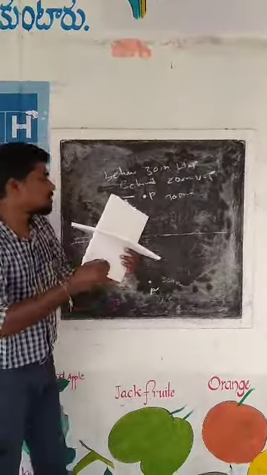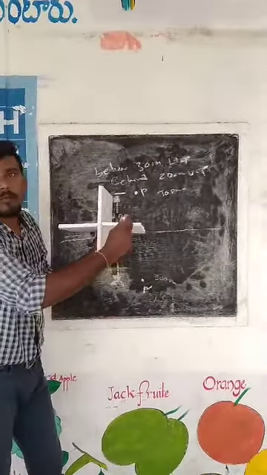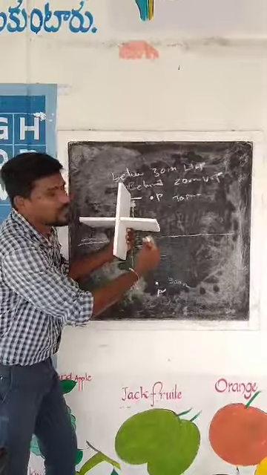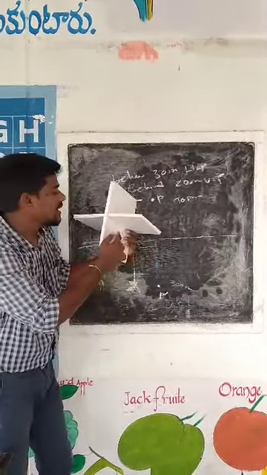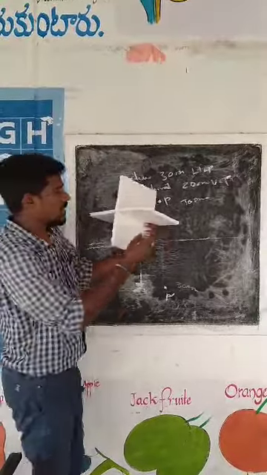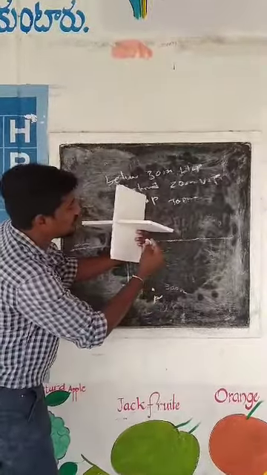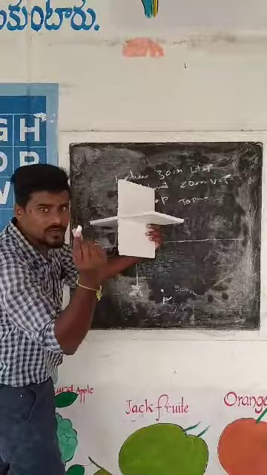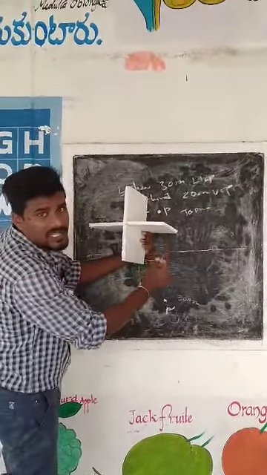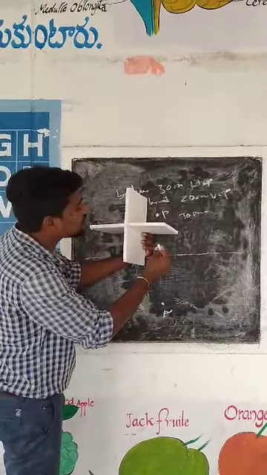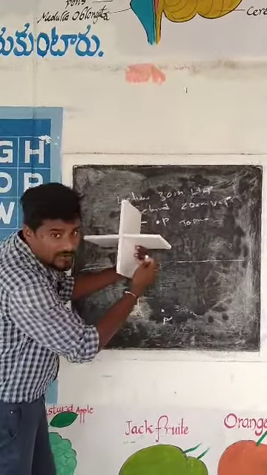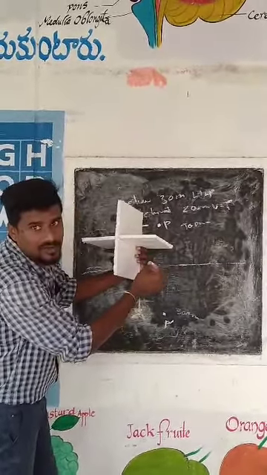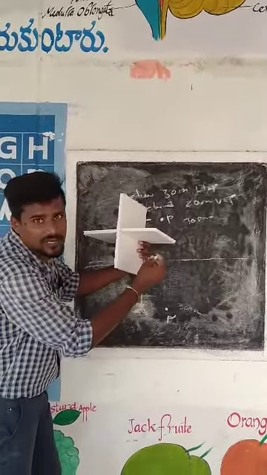Next we come to the fourth quadrant. The point P lies below the horizontal plane and in front of the vertical plane. When you see from this point, this is a point 20 mm below the horizontal plane and 25 mm in front of the vertical plane.